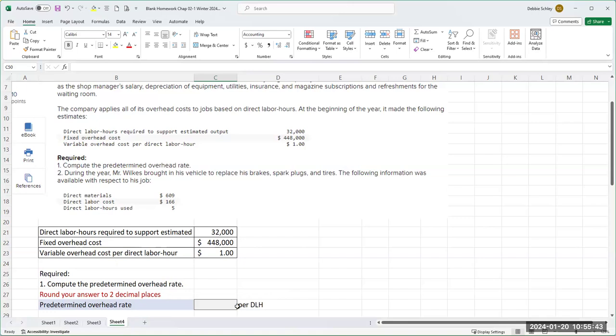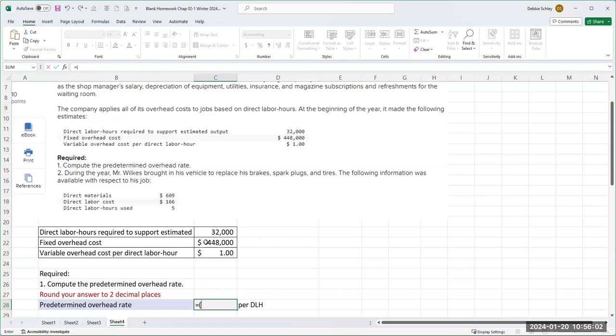So I'm going to see if I can put this all into one cell. Let's see if I can do this. So it's going to be equal to, open parentheses, let me think.